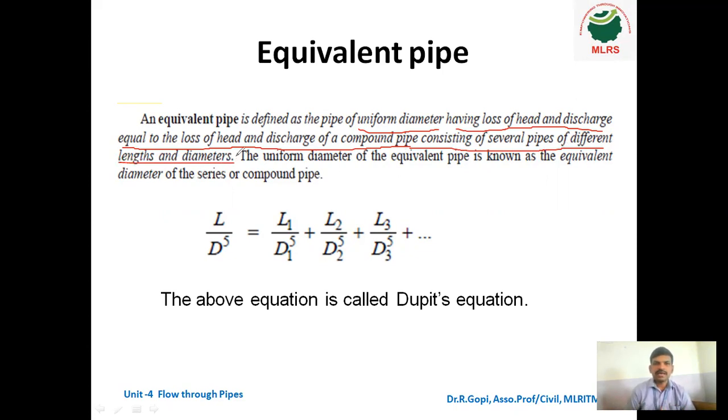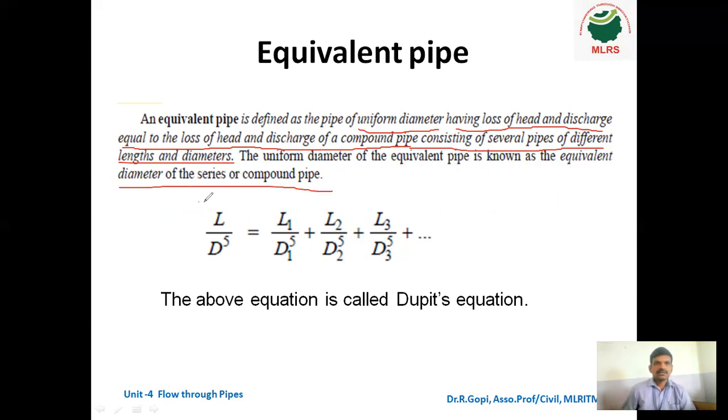So same loss of head and same discharge, same output. We converted a number of diameter pipes into one diameter, so that is called uniform diameter. The uniform diameter of the equivalent pipe is known as the equivalent diameter of the series or compound pipe.